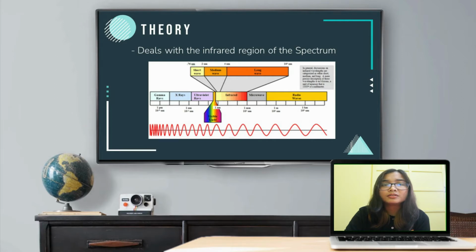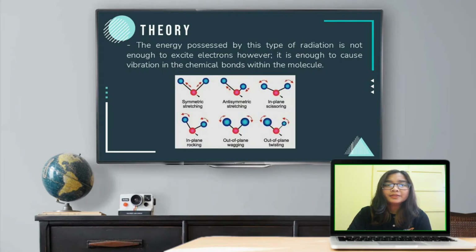It can also be used in the quantitative and qualitative analysis of complex mixtures of similar compounds. The energy possessed by infrared radiation is not enough to excite electrons. However, it is enough to cause vibrations in the chemical bonds within the molecule.